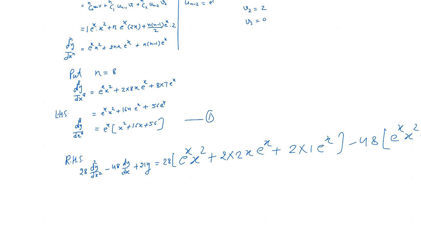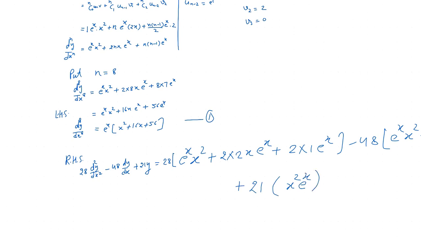And this will become 0 because n is 1 and n minus 1 will be 0. So obviously this term will be 0, so just leave it. And plus 21 y, which is x square into e to the power x.